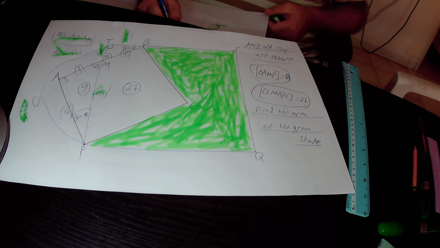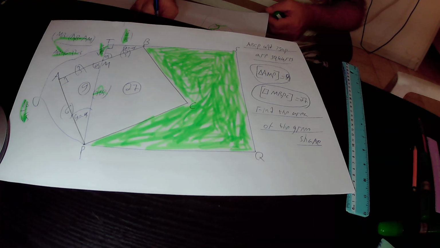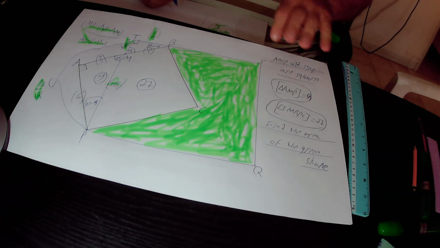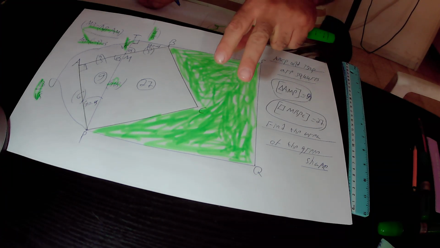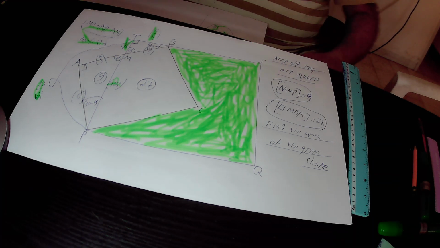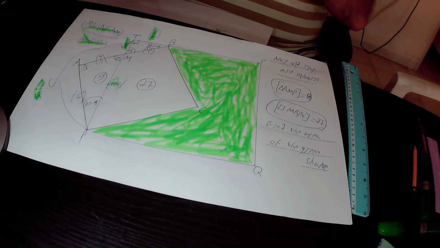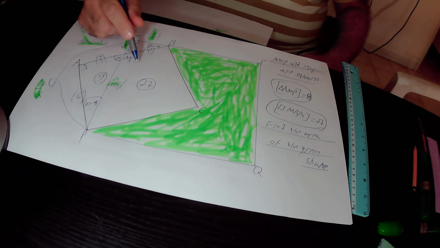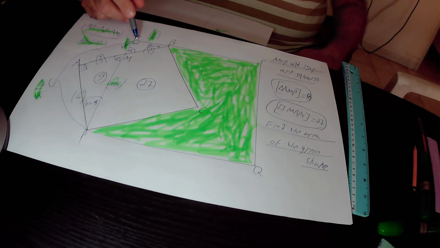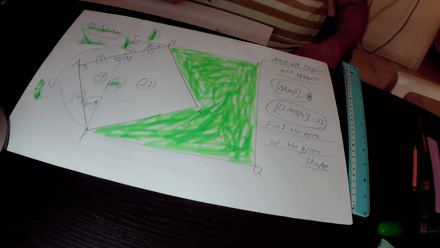So what is the area of the green shape? From the drawing, it is very easy to see that the area of this green shape equals the area of the big square TSQP minus the area of this quadrangle MBCP minus the area of this small right triangle TMB. So write it down.